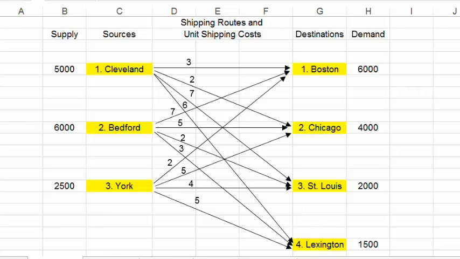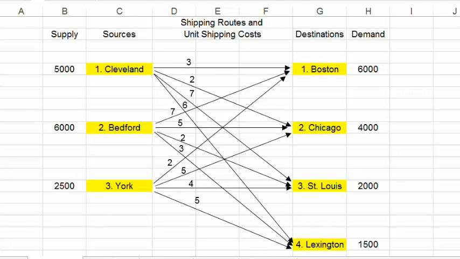Here, what we're concerned with is how to ship these generators from these three plants to these four distribution centers in the most cost-effective way, at the lowest possible cost. Our goal is to minimize the total shipping cost of the generators, and this is your basic transportation problem, where you're transporting physical goods.